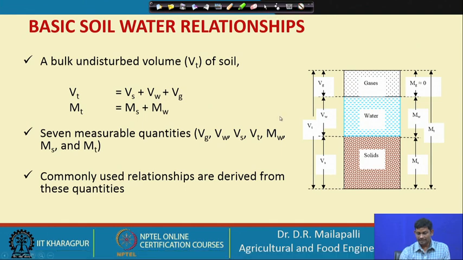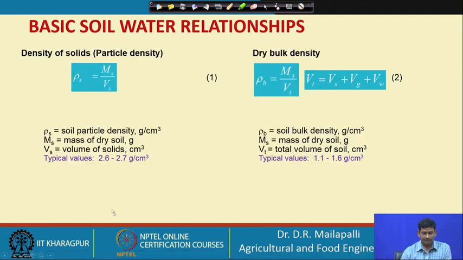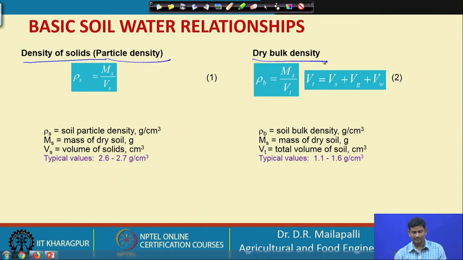So, go to the next slide. The first is the particle density and the dry bulk density. The particle density is the mass of solids divided by the volume of solids, with mass of solids in grams and volume of solids in centimeter cube, and the value is 2.6 to 2.7 gram per centimeter cube.